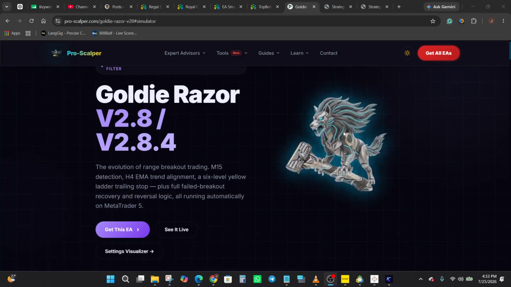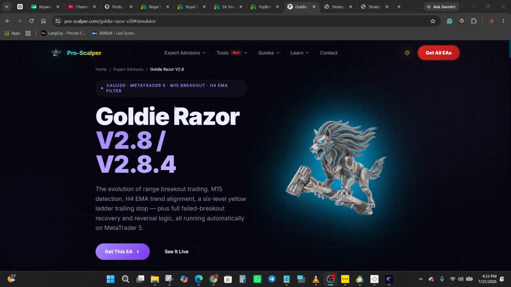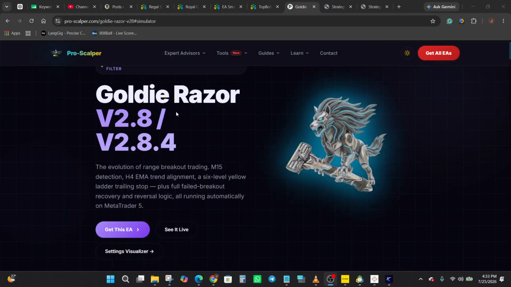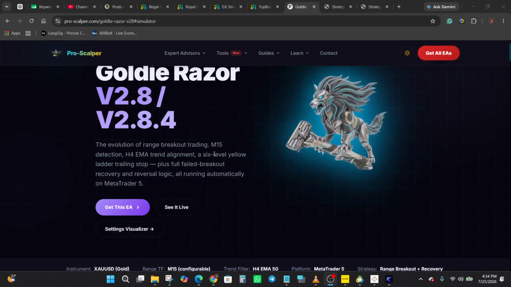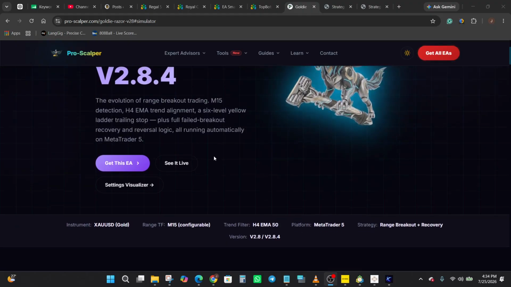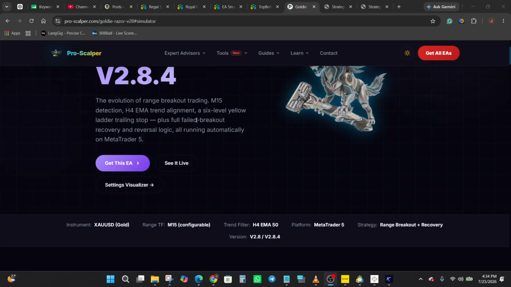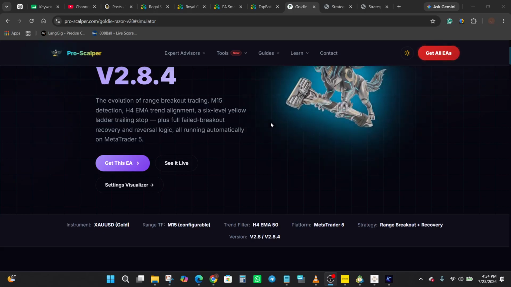Based explicitly on the documentation provided by ProScalper, this expert advisor operates strictly on the MetaTrader 5 platform. It is focused on XAU USD, which is gold spot, and relies on an M15 range breakout strategy paired with an H4 EMA trend filter.